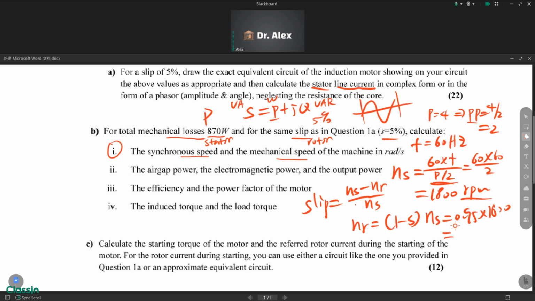We can use the calculator to do the calculation, which gives 1710 RPM.